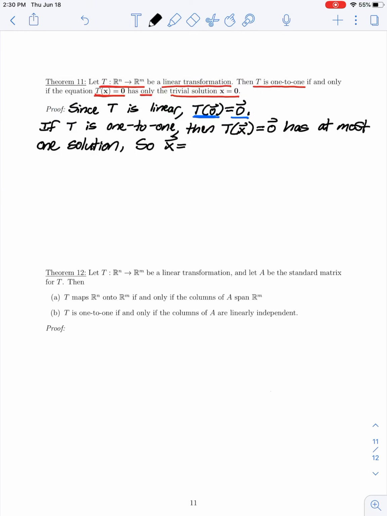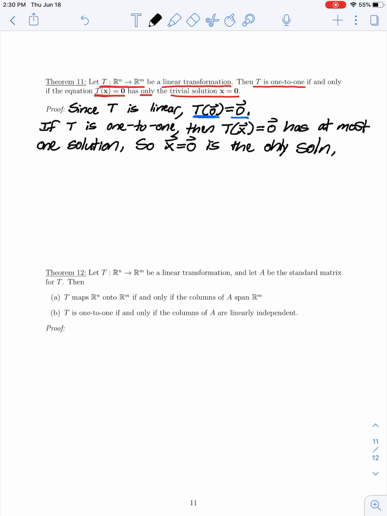So here, the 0 vector is the only solution. So we've established one direction for this theorem. If T is one-to-one, then the equation T of x equals 0 only has the trivial solution. Now we also need to establish the reverse direction of this theorem. That is, if T of x equals 0 only has the trivial solution, then the mapping T must be one-to-one.